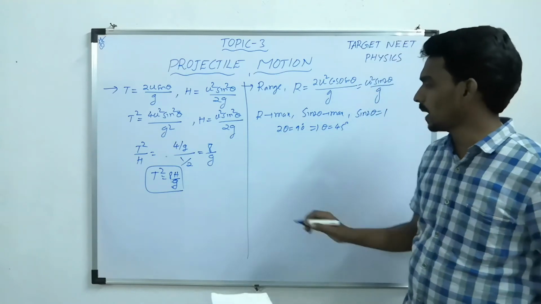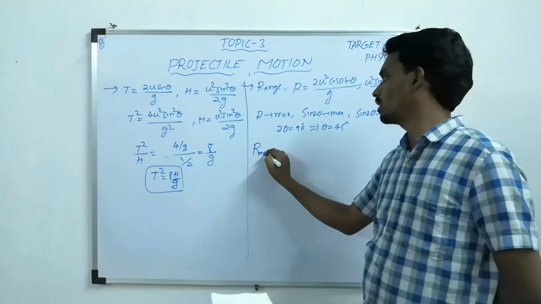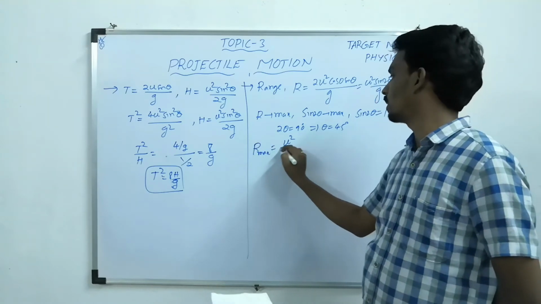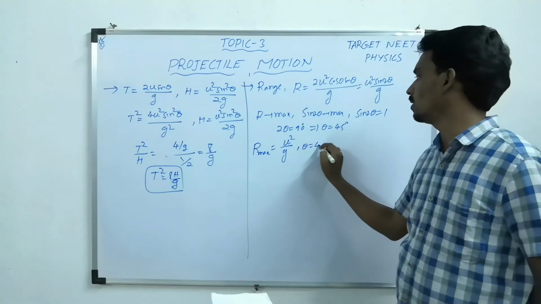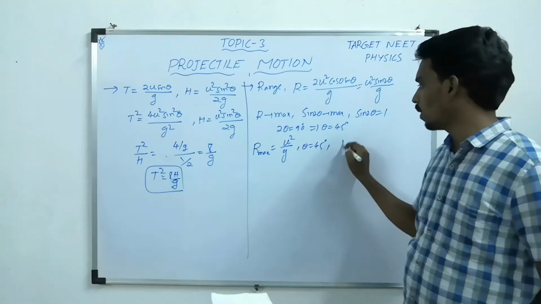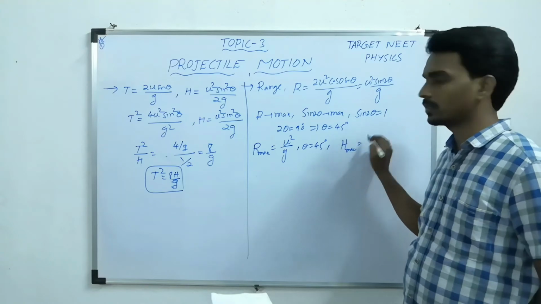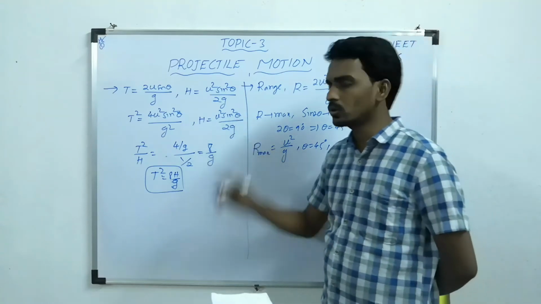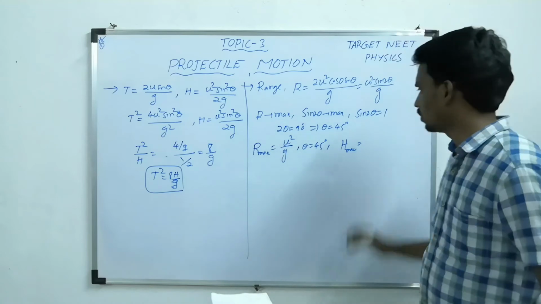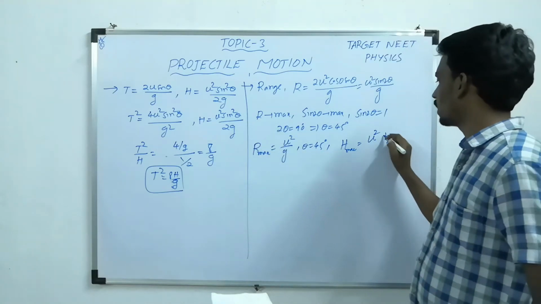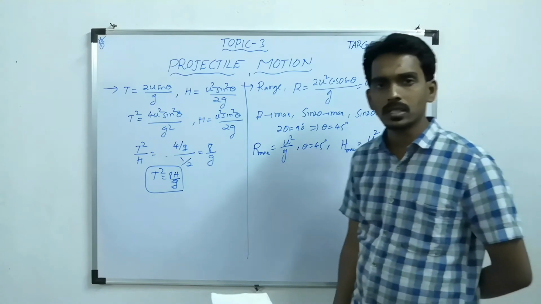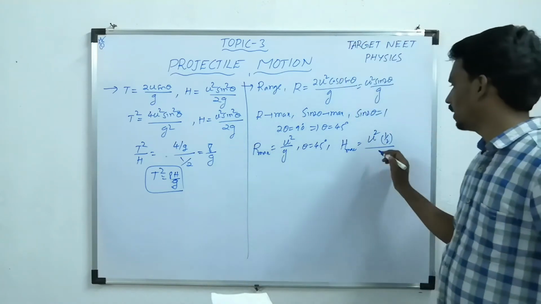So when range is maximum, what is that maximum range? u square by g, because sin 2 theta is how much? 1. Then theta is how much? 45. Then what is the corresponding h max? What is the h max formula? u square sin square theta by 2g. So u square sin square 45, that is 1 by 2, because sin 45 is how much? 1 by root 2, divided by 2g.